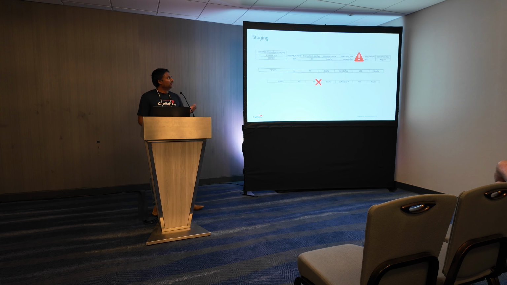Have a table which stages everything through various processes, and then go through all your validation and verification. Assume that in this example we have replayed the first transaction with the correct dollar amount, and the transaction which got missed out is also taken care of by retrying, and the state looks like this.